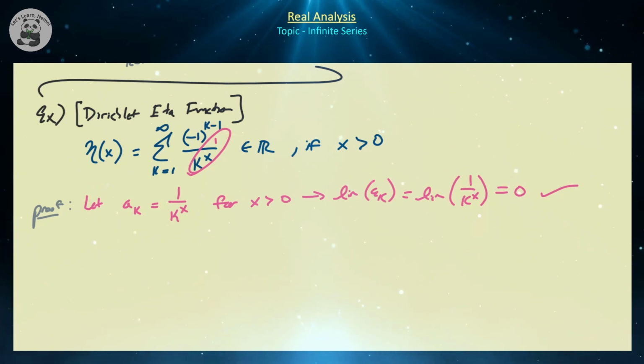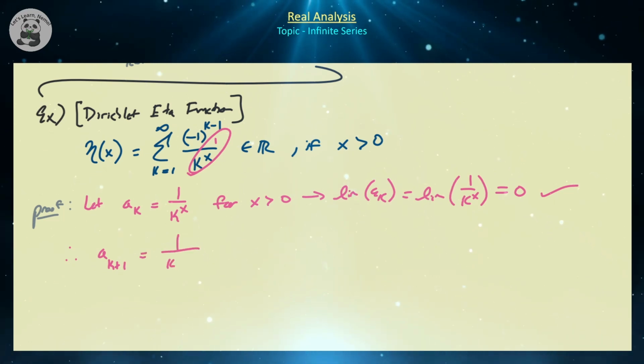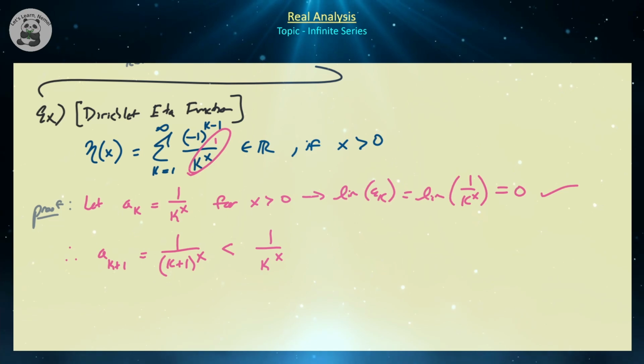If we want to use the alternating series test, we need to first make sure that the limit of the non-alternating portion goes to 0, and that it's also a monotonically decreasing sequence. If we look at, for example, a_(k+1), which is equal to 1 over (k+1)^x, by comparison, we know that this is strictly less than 1 over k^x, and that's precisely equal to a_k.